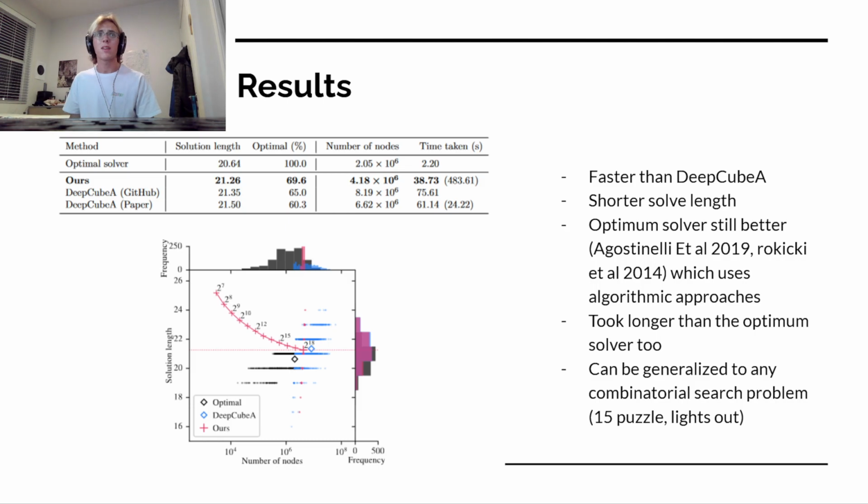But the real killer feature of this approach is that it can be generalized to not just Rubik's Cubes, but any combinatorial search problem with exactly one solved state. You might think of one of those 15 sliding puzzles. It was on the Mac background for a little while. You can slide it around. Or the game Lights Out is another combinatorial search problem with one solved state.